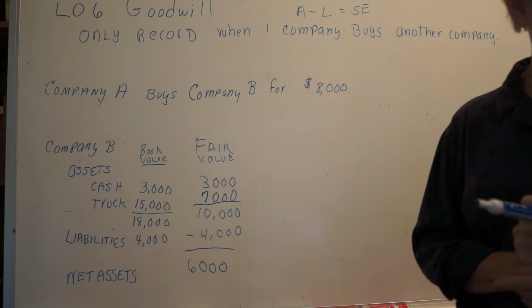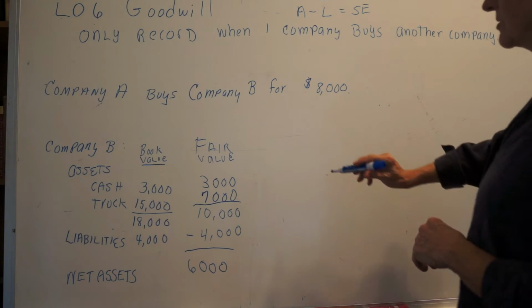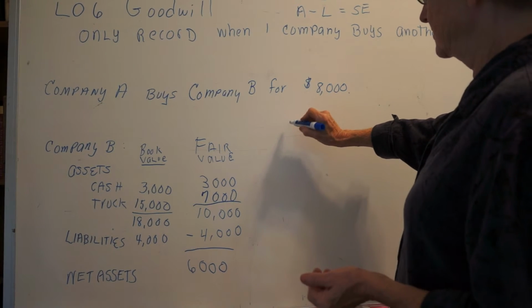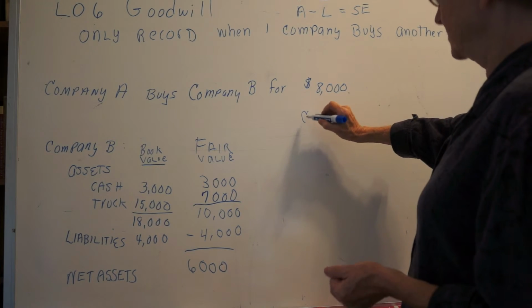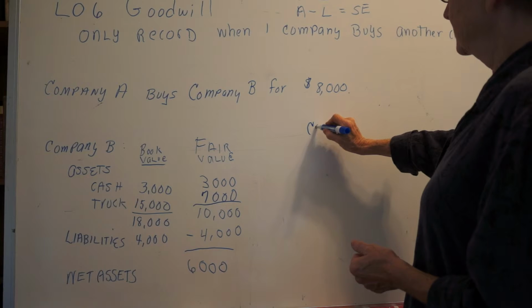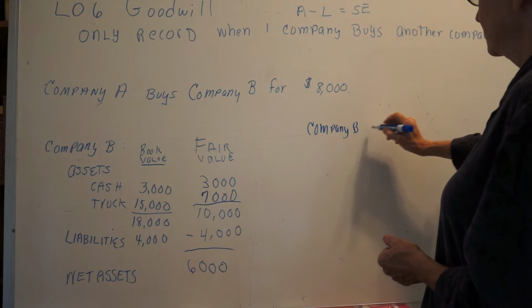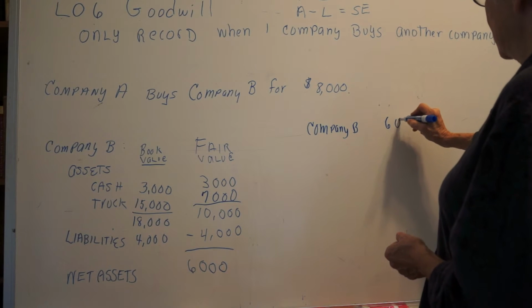So when we make the journal entry for this, for company A, when company A buys it, the journal entry they would make is they bought company B, and it would be all the net assets of that, and that was for $6,000.